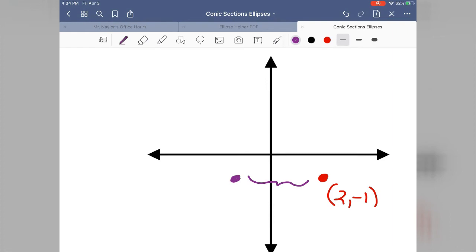And you can write that as the center 2 minus 2√2. That's fine. You can write it that way. The y value doesn't change. That'd be how I got, for example, that foci.